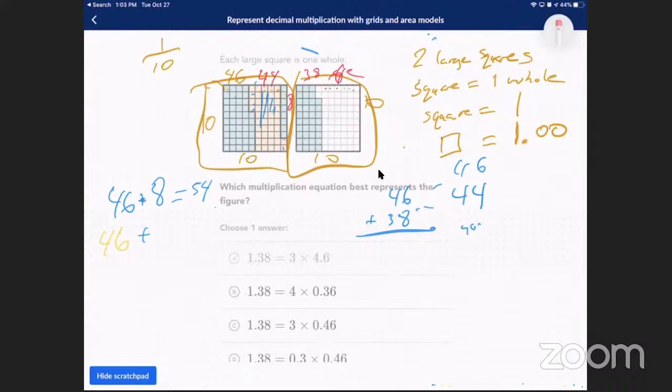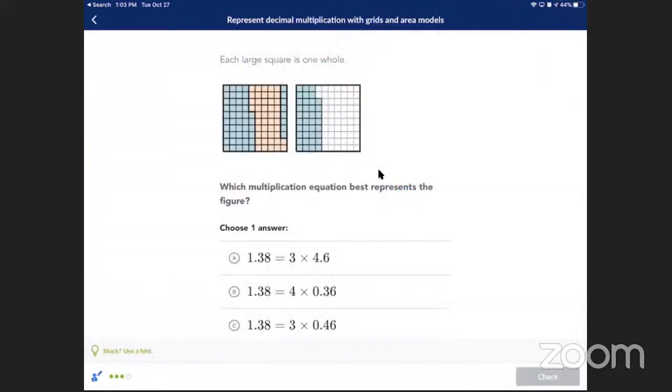Of course it's asking me right now, it's saying 3 times 4.6. So what is that? Where are they actually going ahead and doing it? It's a little bit confusing. If this is 38, and then this is 138, they're saying 3 times 4.6.